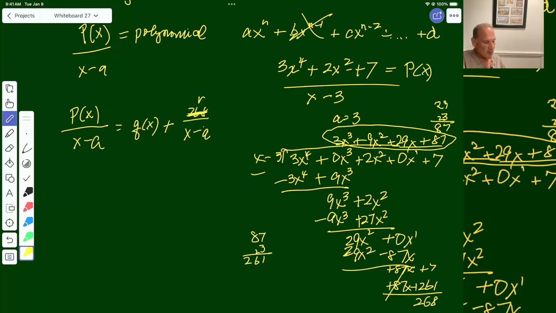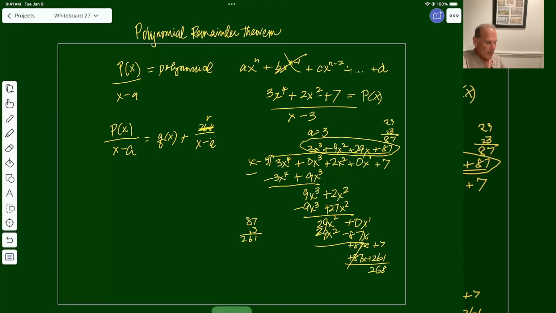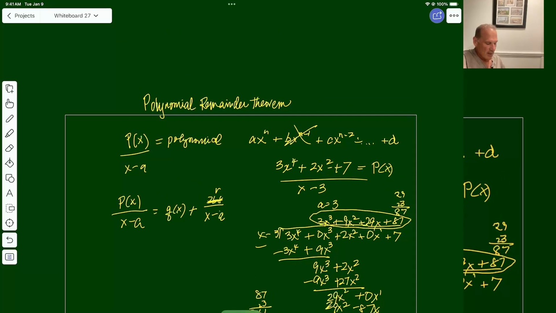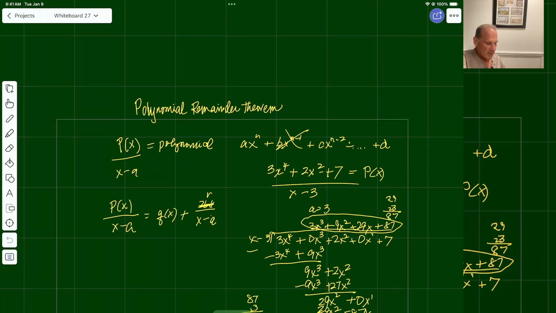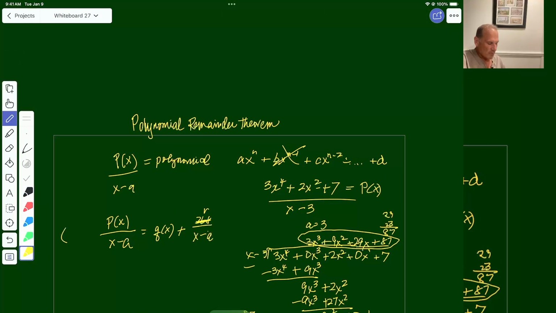And if I multiply that whole thing through by x minus a, both sides, I'm going to get p of x on the left side, right? I'm multiplying by x minus a to get rid of these denominators.